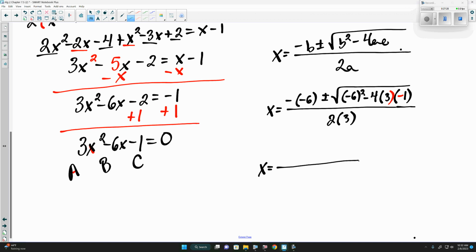Any questions on any of this here? Now our negative negative 6 and negative make a positive, plus or minus. The 2 times 3 in the denominator is 6.